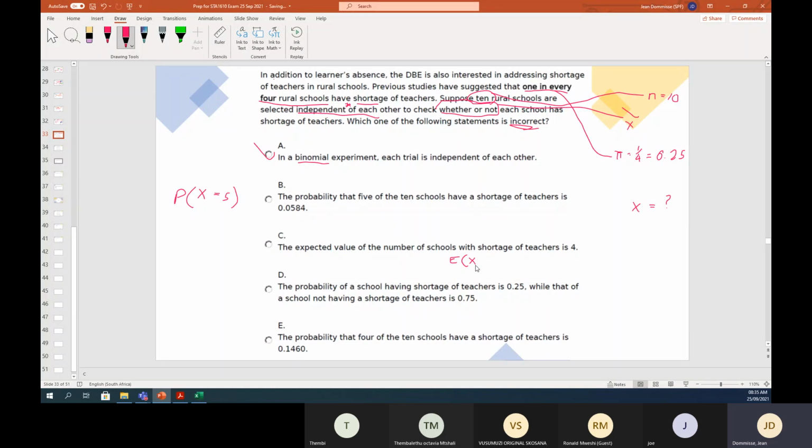It's just n times... let me make sure that is how I had it last time. Yes, n times pi, the probability of a school having a shortage of teachers. So that was the pi that we actually calculated.